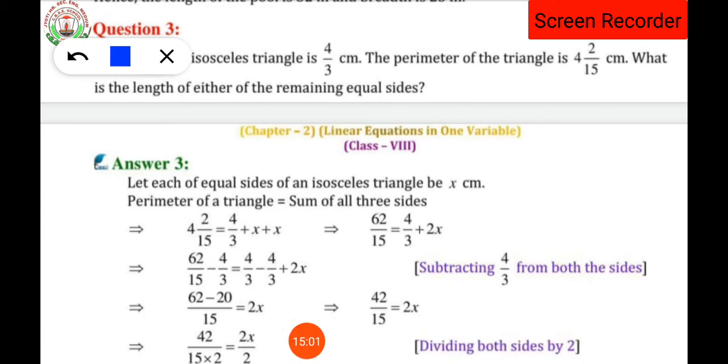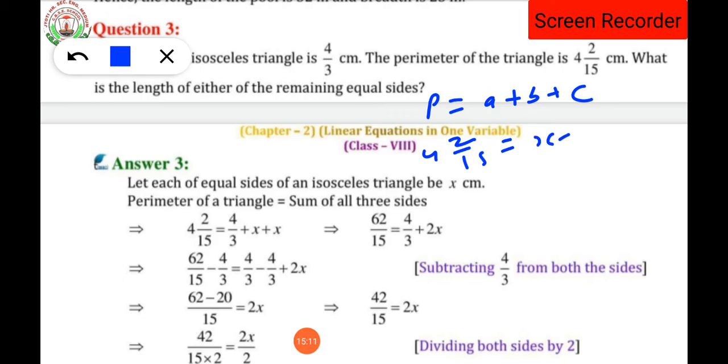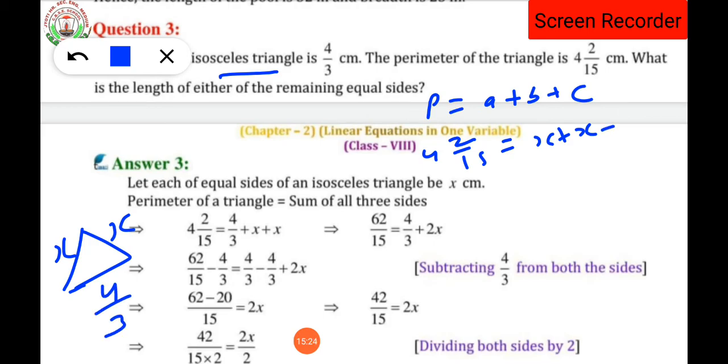Clear? Now coming back to the question, the mixed fraction is changed as A plus B plus C. Perimeter value 4 2 by 15 is equal to x plus x, as it is an isosceles triangle, where any two sides are equal, and the third side is given in the question as 4 by 3 centimeter. Clear?